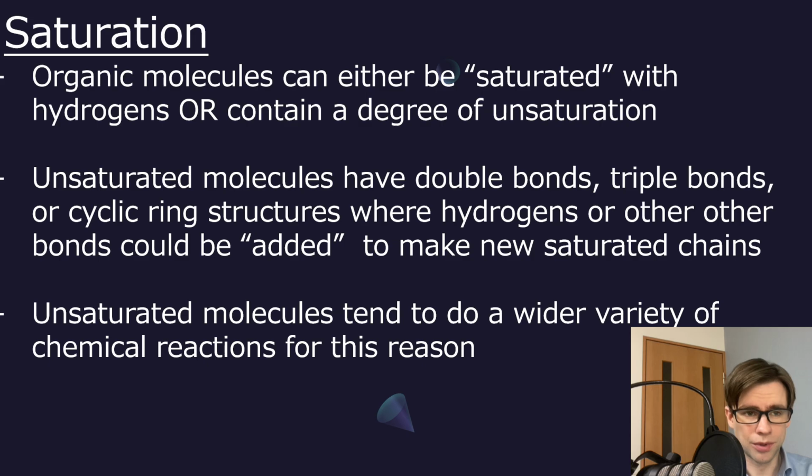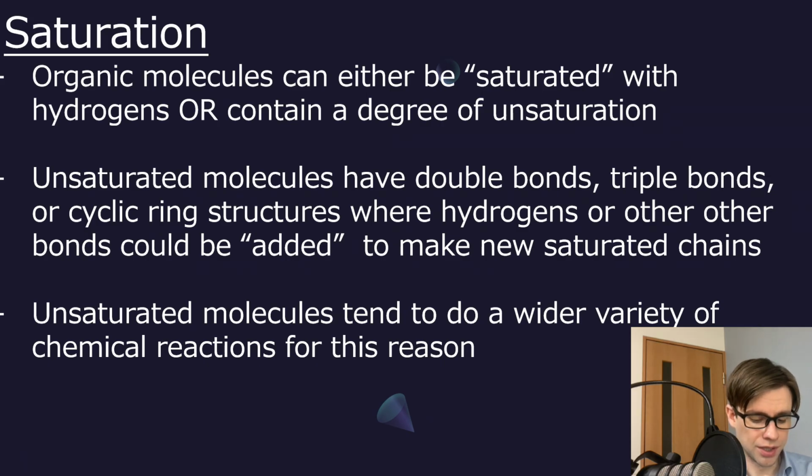So I have to talk about the word saturation again. I've been using it a little bit, especially in my previous video, but organic molecules can either be saturated. That's a word that you might know with regards to solutions. Like a saturated solution has sort of the maximum capacity of solute in it. But a saturated hydrocarbon or organic molecule contains the maximum amount of hydrogens bonded to carbons.